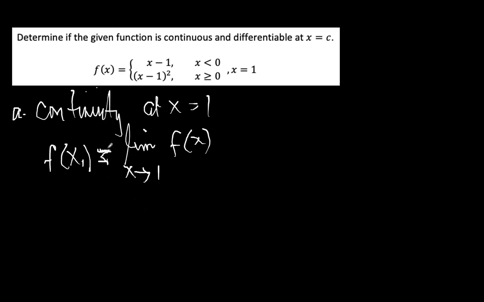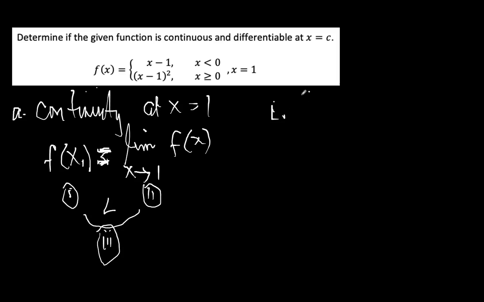This is the only thing that we need to show for us to say that it is continuous. And of course, we need to check the left and right limits and combine these two. So first, let's consider condition number 1.